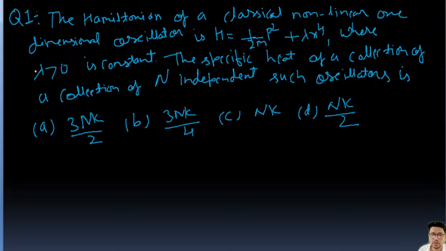So I will solve it. Since H is given, that is p square upon 2m plus lambda x to the power 4, and lambda greater than or equal to 0. So this is the Hamiltonian which is given.